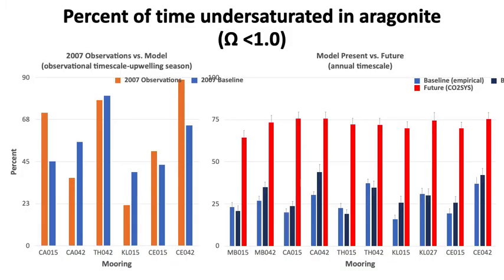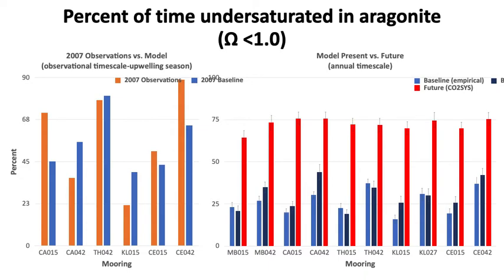We can also look at that for undersaturation, and we see that comparison with the observations on the left, and then on the right the future projections for the region. And these are annual now, not just during the upwelling season, because the downwelling season in the winter still happens, and so that relieves the stress of hypoxia, but does not relieve the stress of undersaturation.